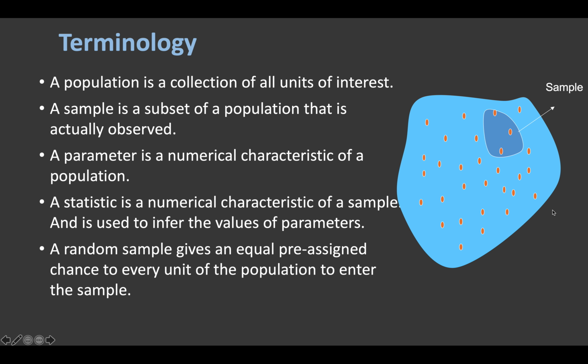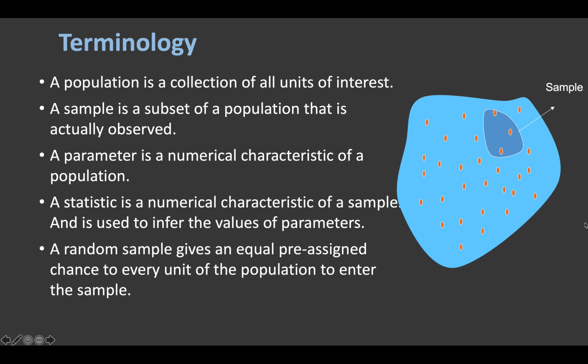And in this figure, you can see that each of these orange dots is one individual, or one unit, and then all of them, that's a population. And then the opposite of population is a sample, right? A sample is a subset of population that is actually observed.